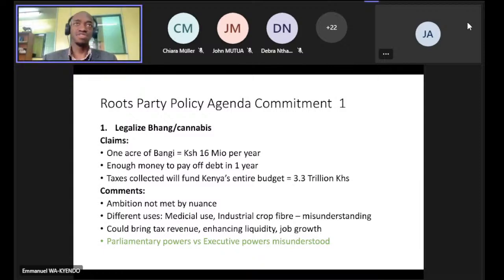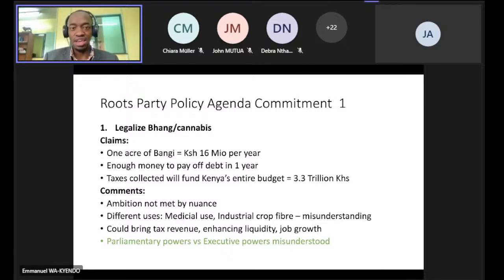Now, the first thing to note is that Wajakoya and the Roots Party, right off the bat, have sought to nip in the bud one of the anxieties that the Kenyan public is facing. One great economic anxiety of the day is the onerous debt. How do Kenyans feel that?